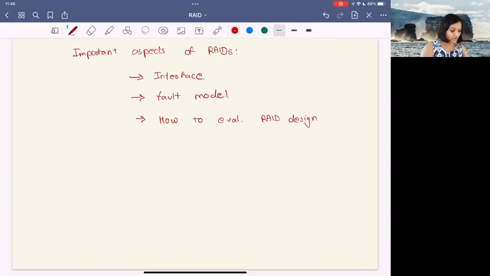Definitely, as soon as I talk about how to evaluate, because we already discussed the three important parameters that matter to any storage device, you should already be thinking that's easy, we already know. Evaluate the performance, evaluate the reliability, and evaluate the capacity that this RAID is able to provide. Yes, you are correct. That's exactly the parameters that matter to us while we evaluate RAID.